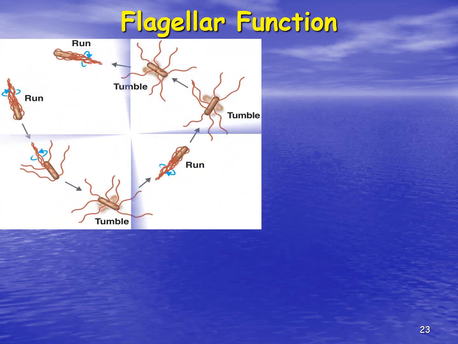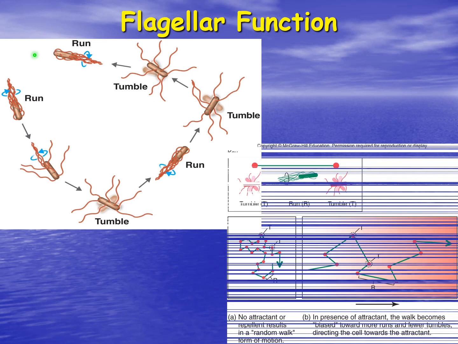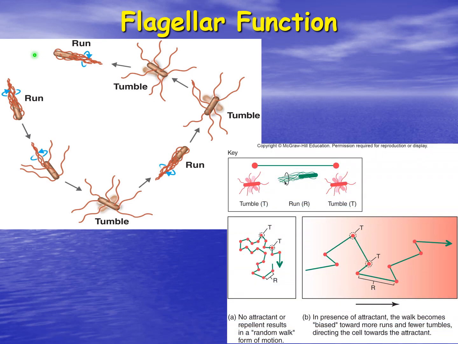So here's what it looks like. When the flagella are all working together, they kind of get into this one direction and we get a nice little run. And then they reverse direction and we kind of tumble around and then we reverse again and we get a run and then we tumble and then we run. And so it kind of just goes through the environment somewhat erratically.